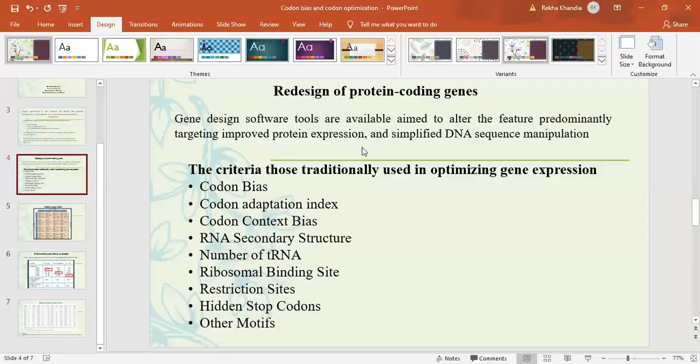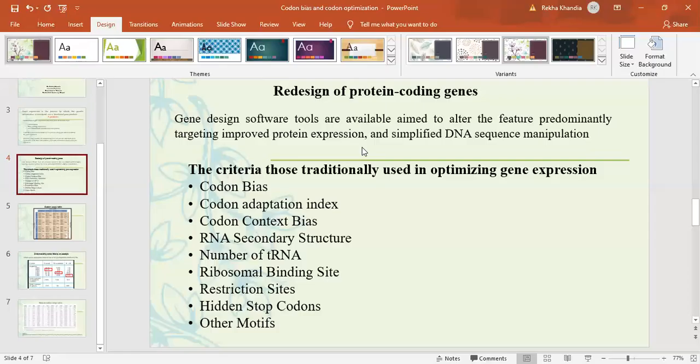Then the number of tRNA. As we all know, amino acids are carried by tRNA for the translation process, and for each codon a specific number of tRNA is present in the cell. So the number of tRNA also has an impact on the protein synthesis machinery.